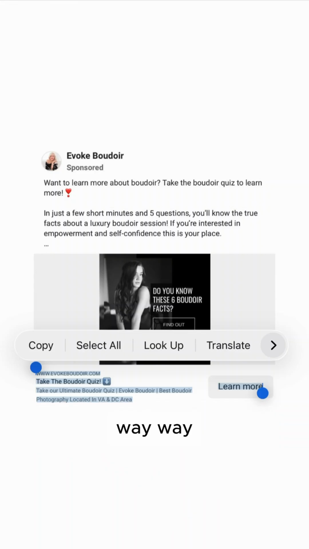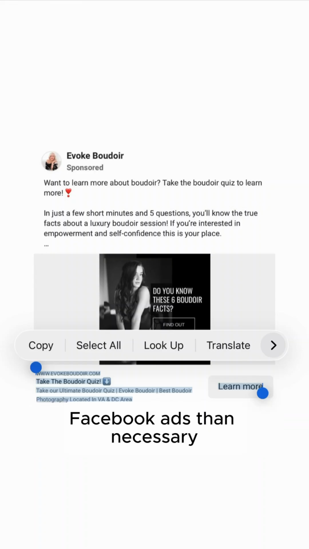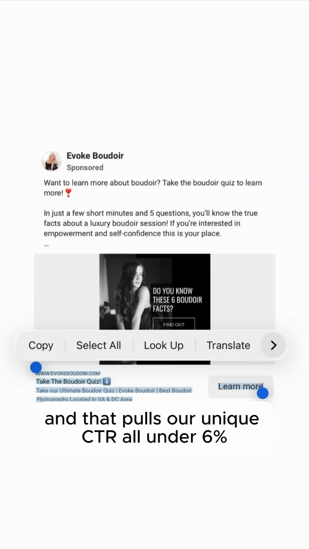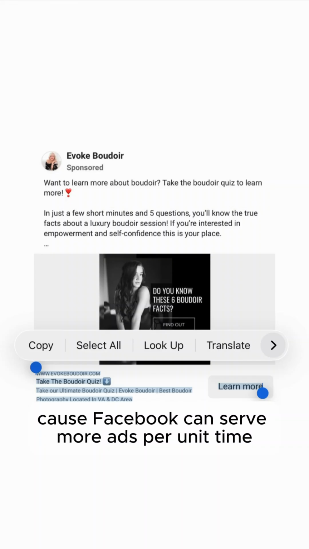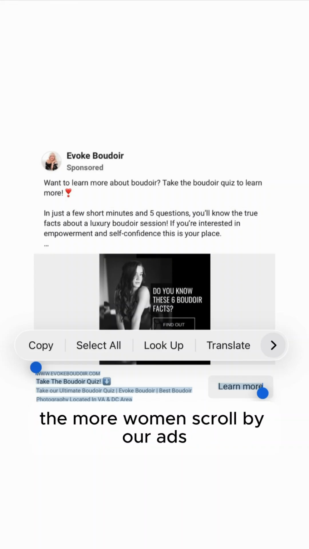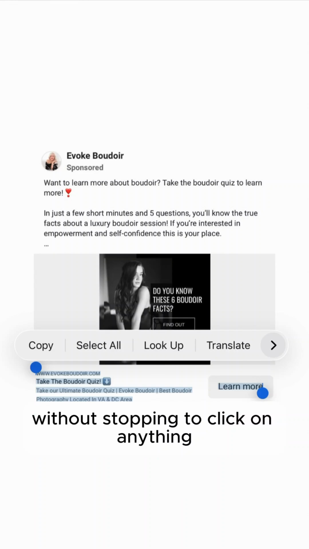Consequences of this, though, way more women scrolling by our Boudoir Facebook ads than necessary, and that pulls our unique CTR under 6%, and it actually contributes to us having BLCS, Boudoir Low Click Syndrome. Facebook likes it though, because Facebook can serve more ads per unit time, the more women scroll by our ads without stopping and clicking on anything.